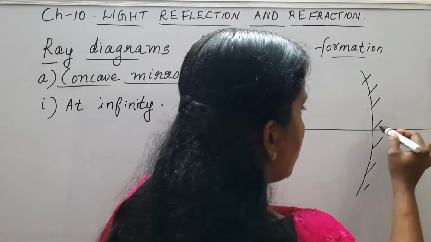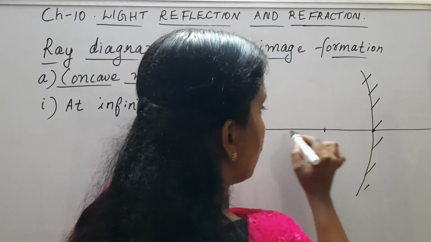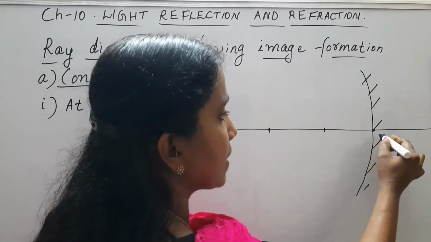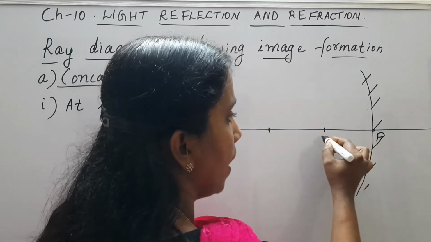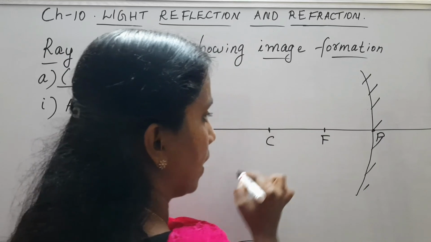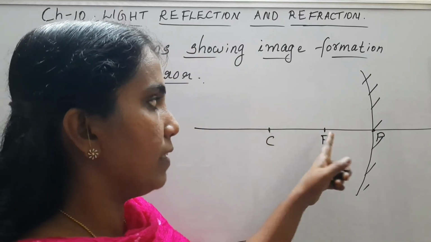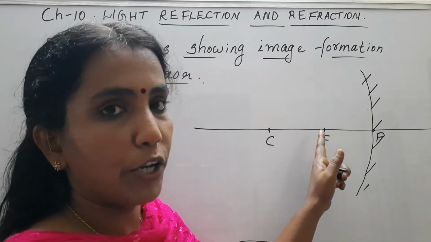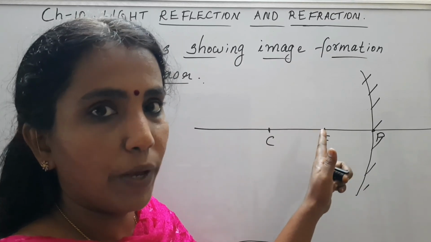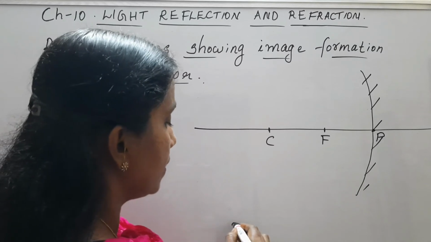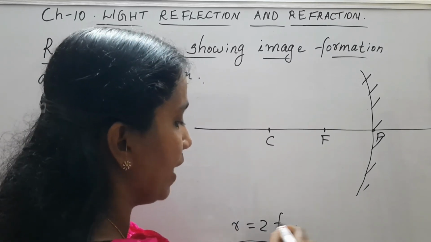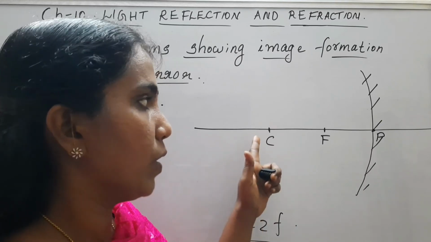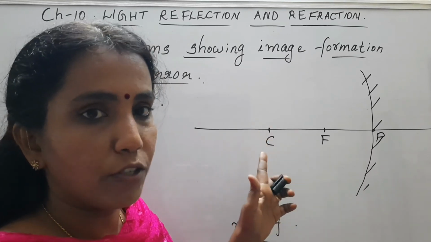First step is to draw the concave mirror, then the principal axis, and mark the points P, F and C. Take care that F should be at the midpoint of PC, because we already said R is equal to 2F. We already mentioned the radius of curvature is twice the focal length. So this way we have to start.